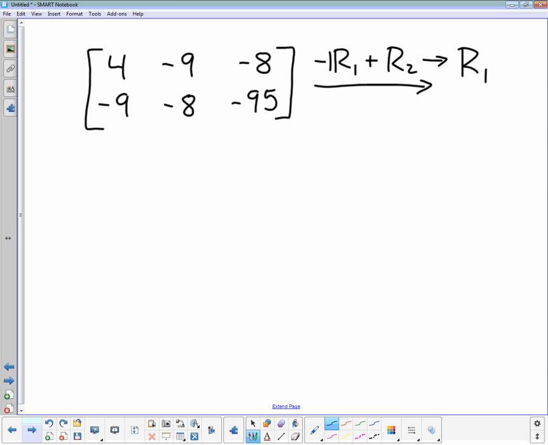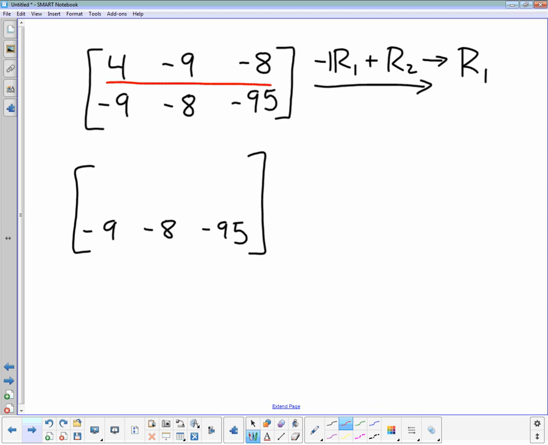All right, now, if I added the 2 and stored it here, first of all, negative 9, negative 8, negative 95 is not going to change, because I didn't store anything into row 2. I only stored it into row 1, right? So, in your mind, think to yourself, take this row, multiply it by negative 1, and that's what you get when you take the first row and multiply it by negative 1.